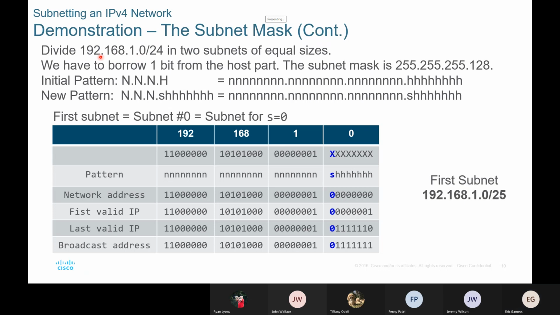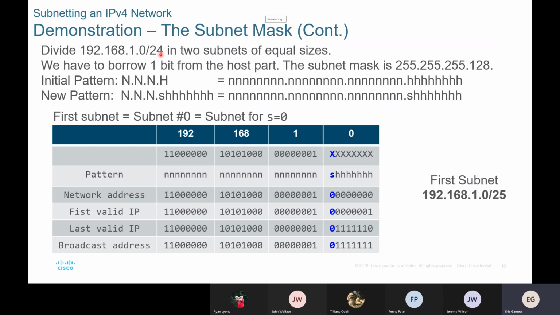192.168.1.0. How many IP addresses do I have in this network, the original network in total? So if we have 24 bits dedicated to the network part, how many bits are dedicated to the host part?